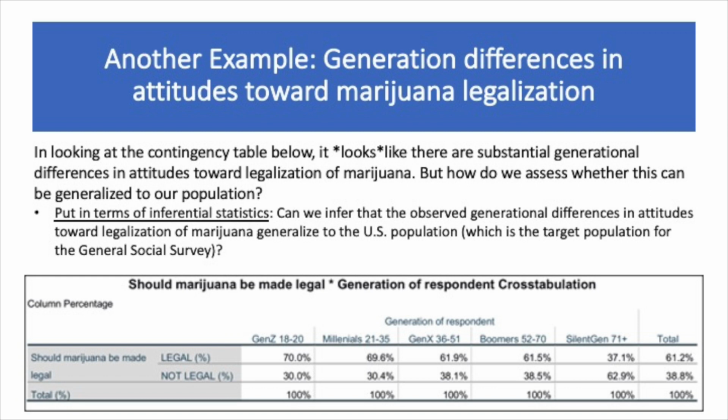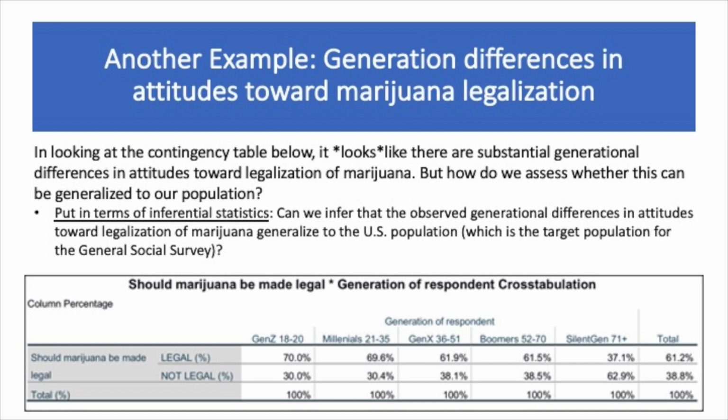So if we look at our table, we see that for Gen Z, our youngest generation here, ages 18 to 20, 70% say it should be legal, 30% say not legal. And then if we go to the opposite end, at the silent generation that are age 71 and over, we see kind of the reverse, where 37% say it should be legal and 62.9% say it should not be legal.